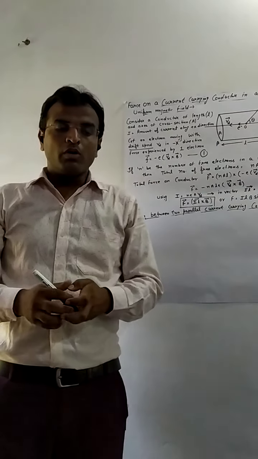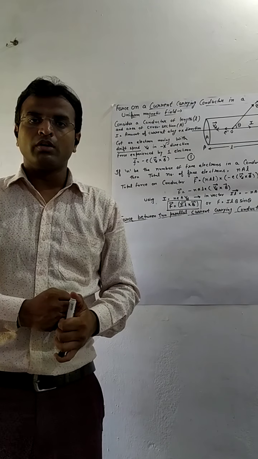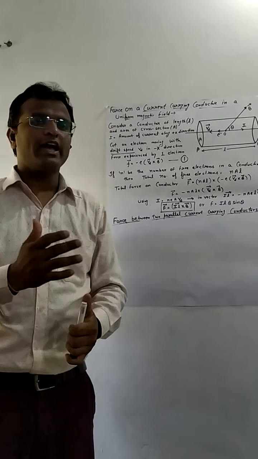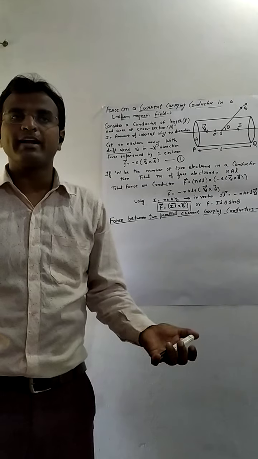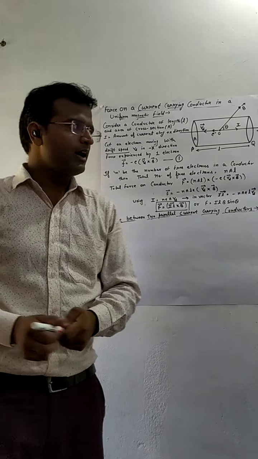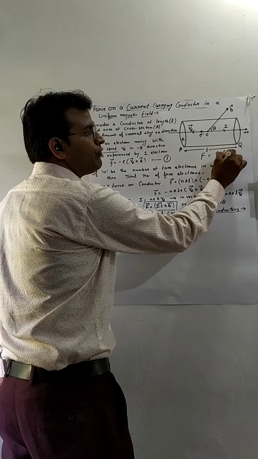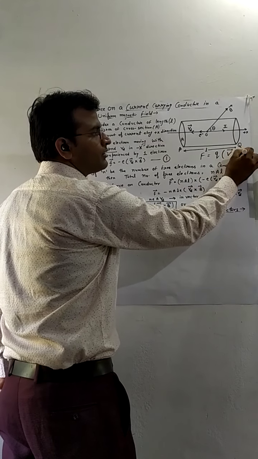Okay? So, what is the value of force experienced by a single electron? It means the force acting on a charged particle placed in a magnetic field. In the previous topic, we discussed the formula: F equals Q V vector cross B vector.